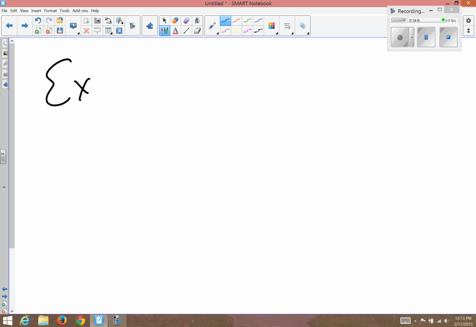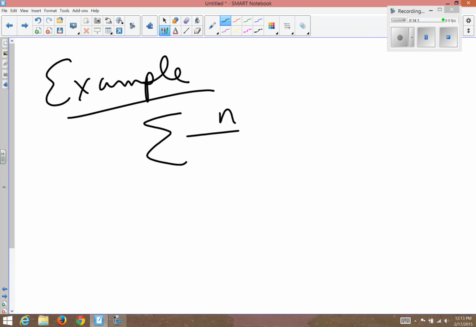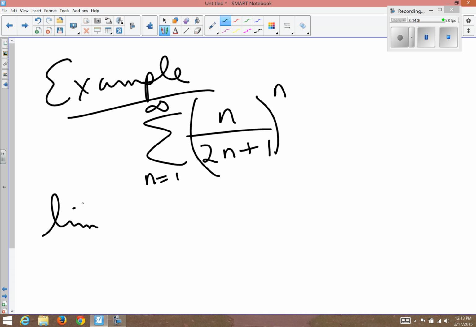Example. Sigma of (n/(2n+1))^n as n goes from 1 to infinity. We're going to use the nth root test, meaning we're going to figure out the limit of the nth root of the nth term as n approaches infinity.